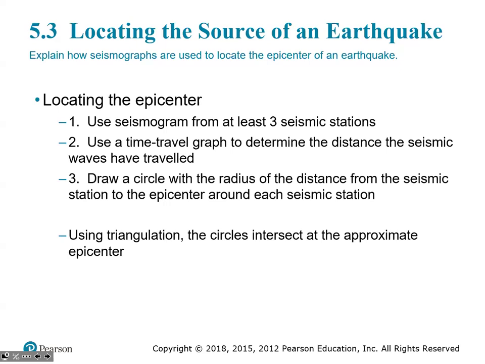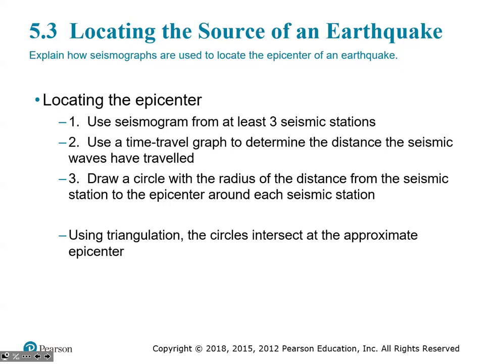We can use what's called the time travel graph to determine the distance the seismic waves have traveled. You measure the difference between the P wave and the S wave, and you use a graph to look up how far away the earthquake was. You can work out the formula based on how S waves travel and how P waves travel.